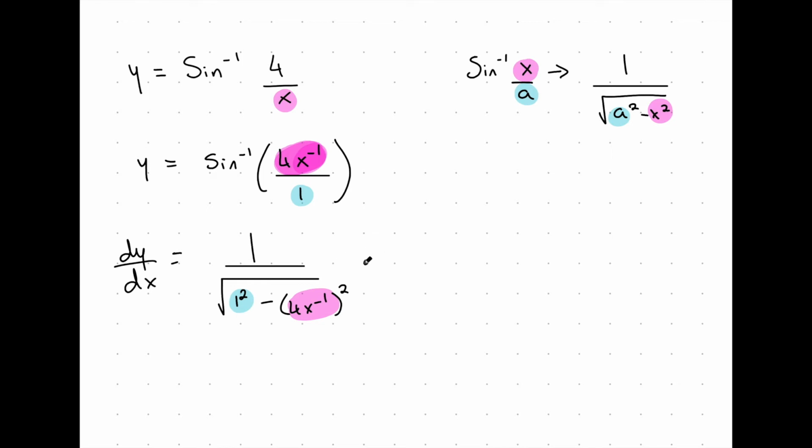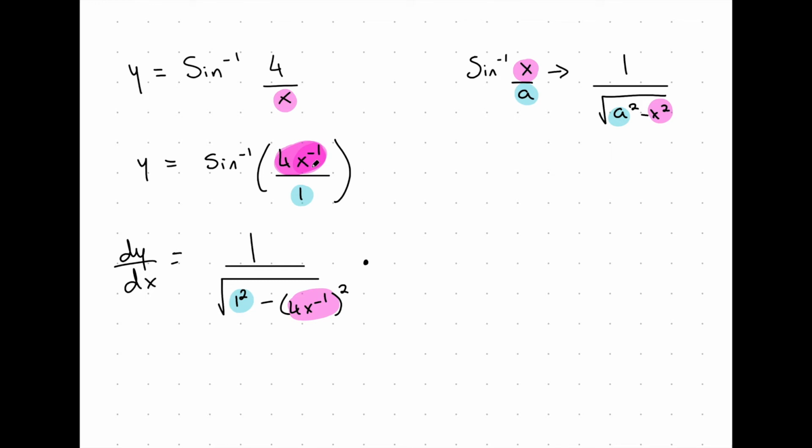So what does that mean? The chain rule tells us you differentiate it and then you multiply by the differential of what's in your bracket, or what's your x here, the second part of the function for our composite functions. And that is going to be the 4x to the minus 1.